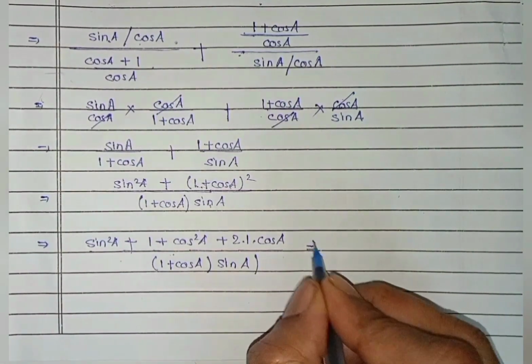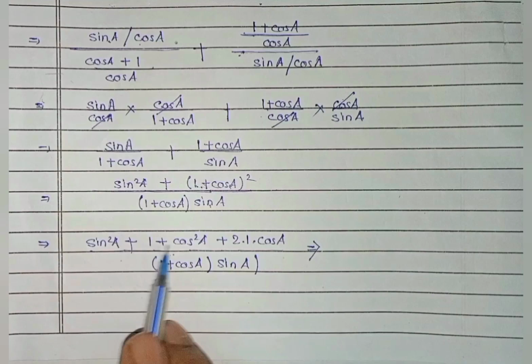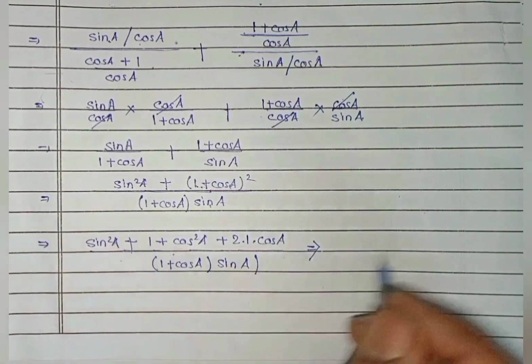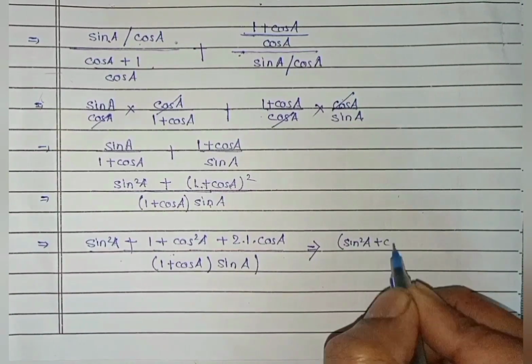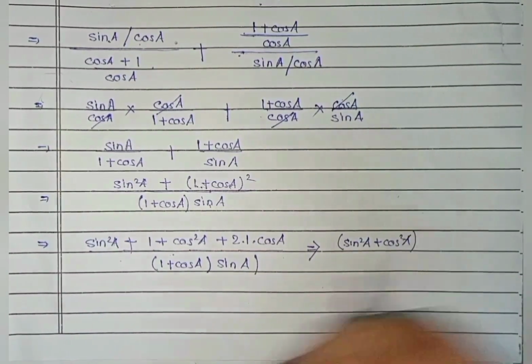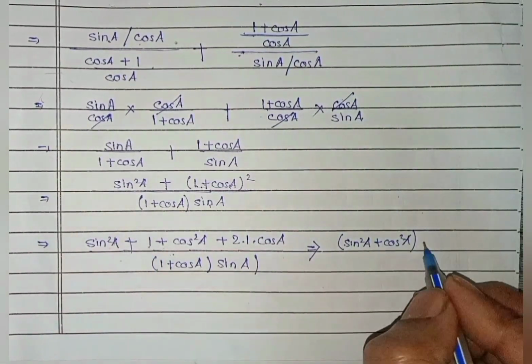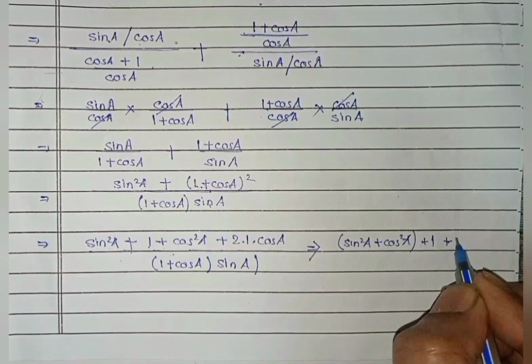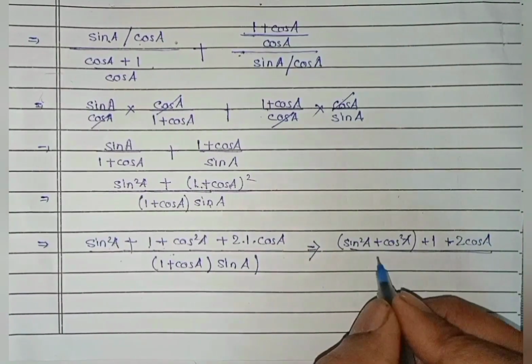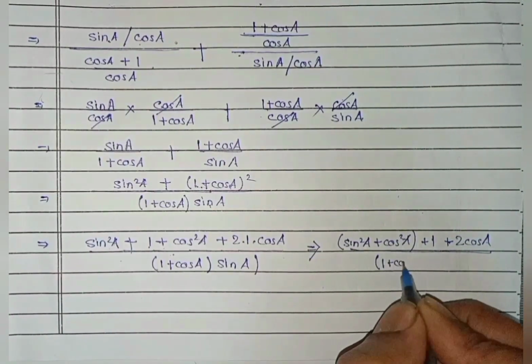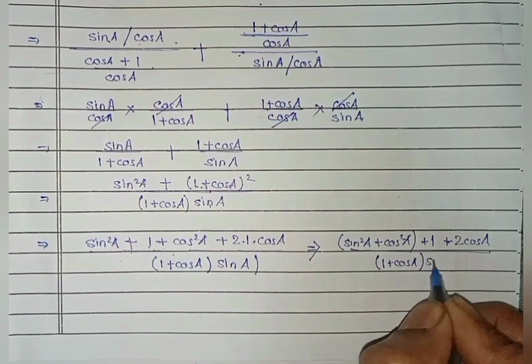You will collect these two terms together to get the identity here, sin square plus cos square. Then you have 1 and then you have 2 cos A. Denominator place, we have 1 plus cos A into sin A.